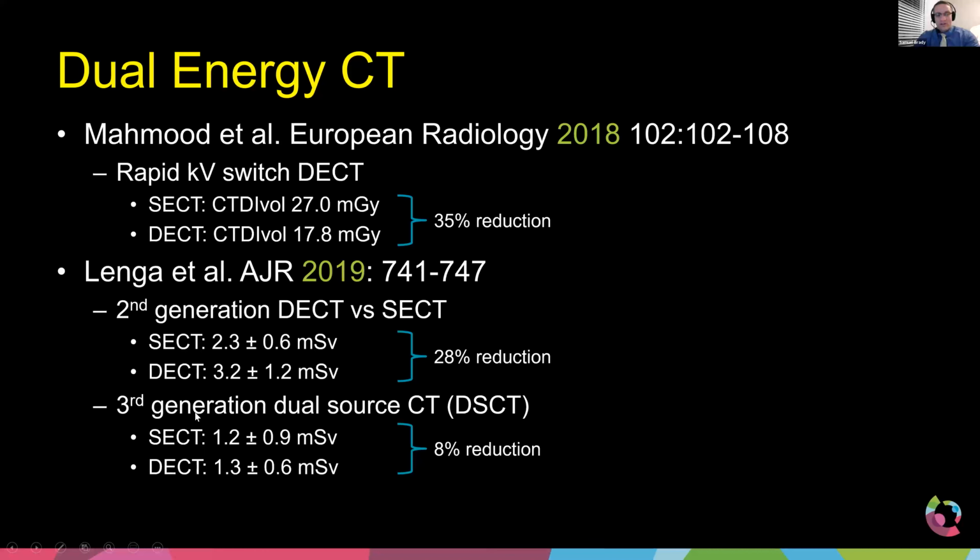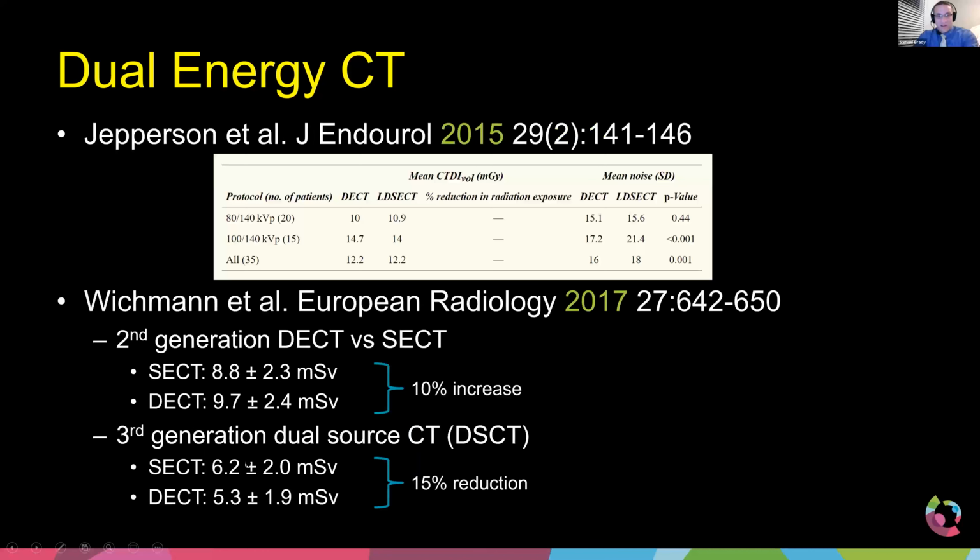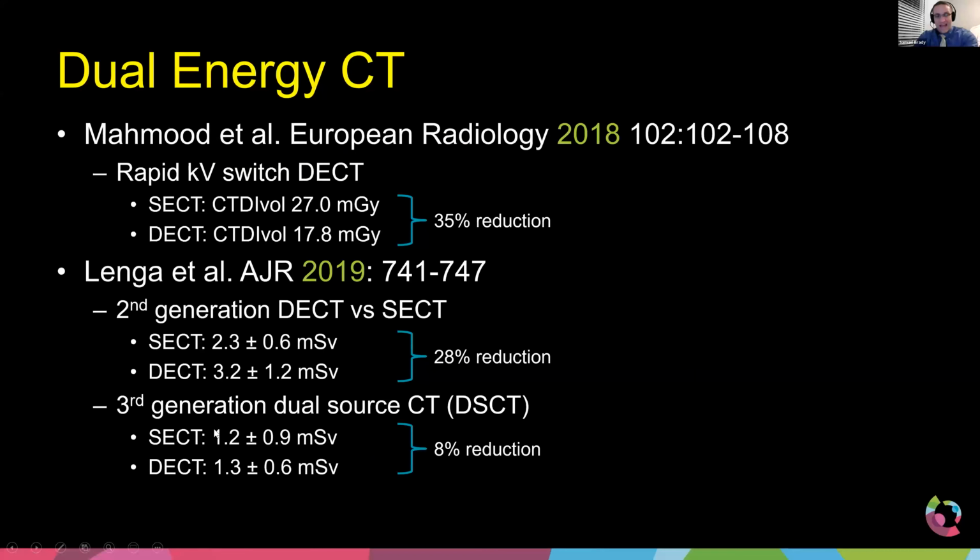But the third generation, the nice thing is look, we went from third generation where we were imaging at roughly 5 to 6 millisieverts, and now we're imaging at about 1.5 millisieverts.